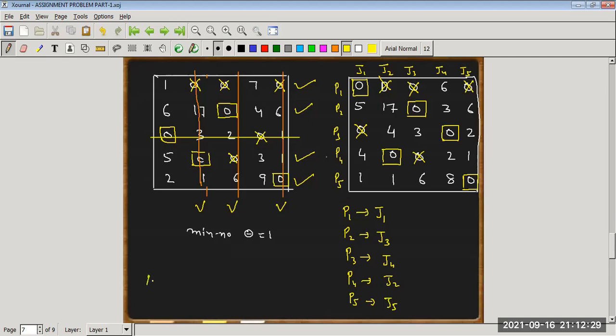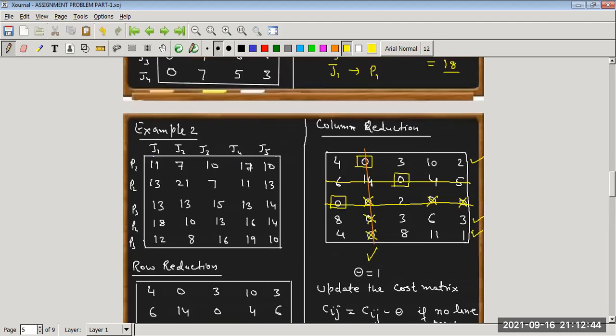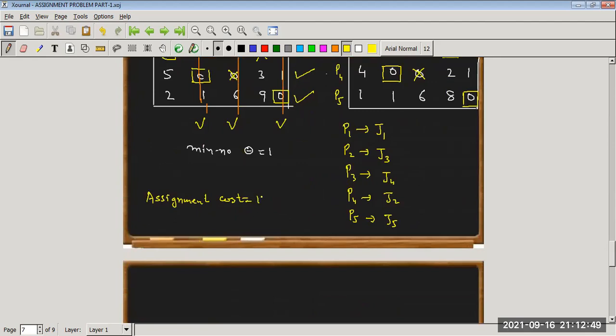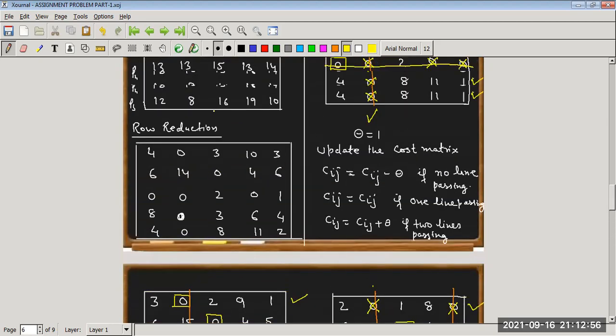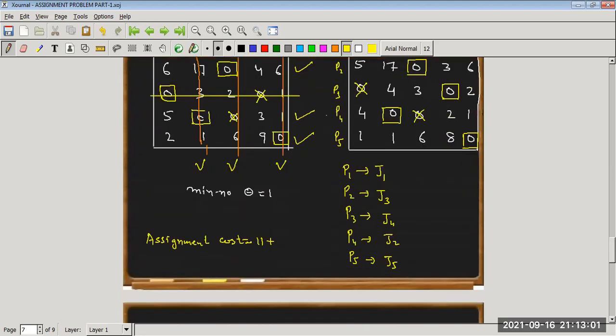Now because we find the minimum cost, the assignment cost. And what is the assignment cost? What is the value for this first person for assigning the J1 job? It is 11. So we put 11. So you can check from the table that we get 11 plus, for P2 J3 job, J3 के लिए it is 7, 11 plus 7. P3 person gets J4 job.